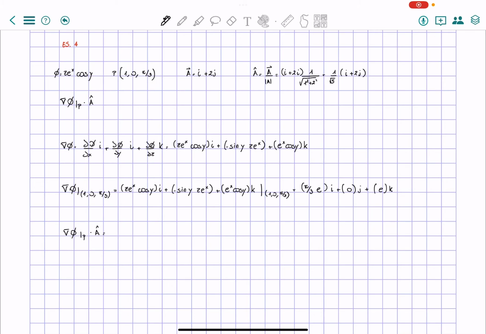Everything else goes to 0, because we don't have a k in our A hat vector, and we don't have a j in the gradient of our function at that point. That means it all goes down to 0 except for the i direction, like we said before.